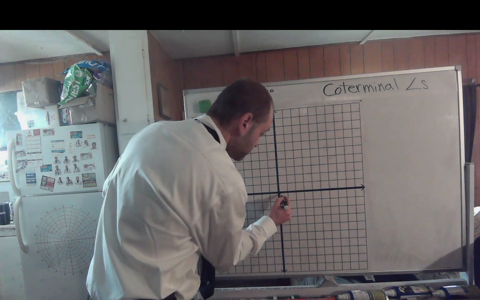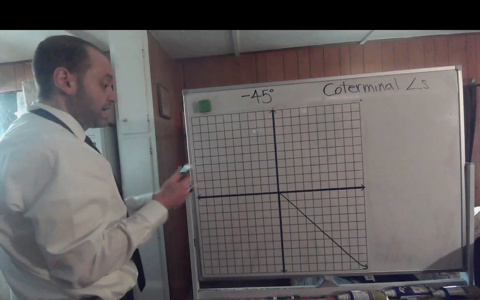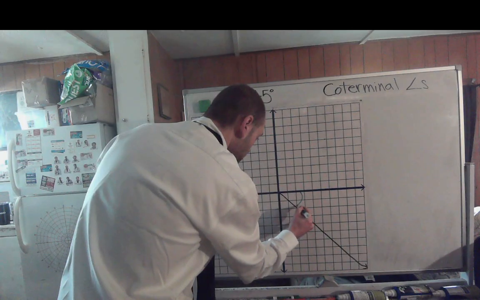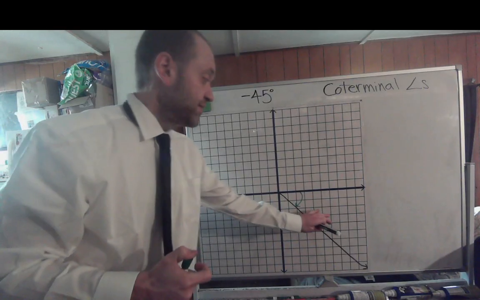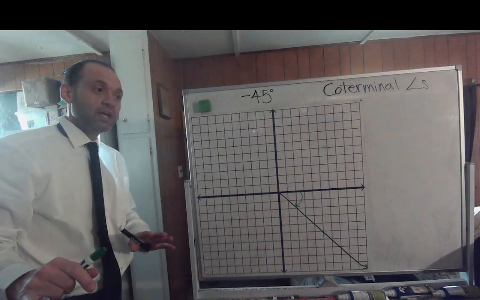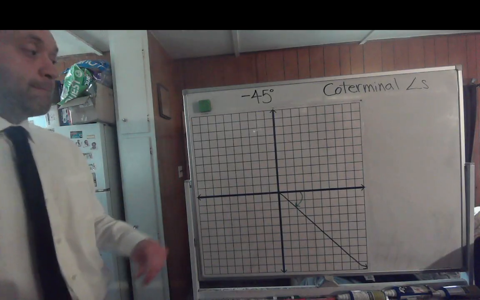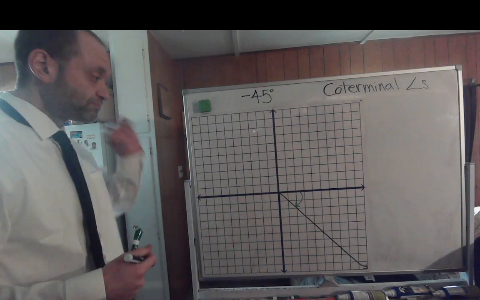So this would be a 45 degree angle in the 4th quadrant. So at the starting position, you actually end up going clockwise. That's a negative 45 degree angle. Again, it's not that the angle itself is negative, it's just that it is going clockwise as opposed to counterclockwise.